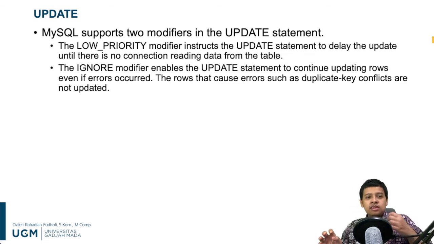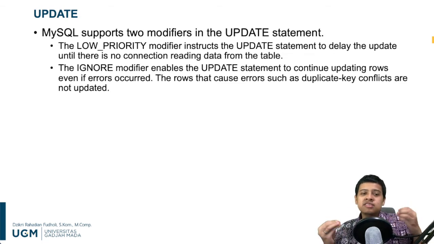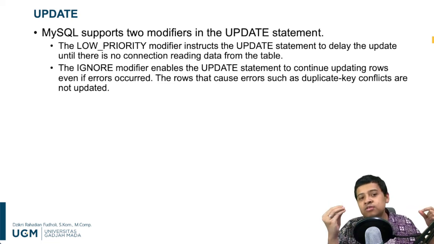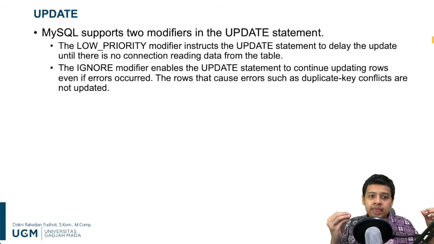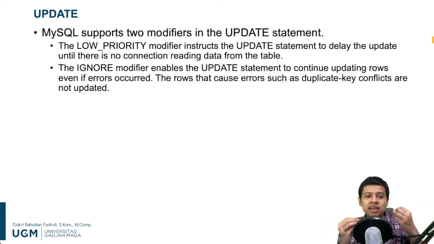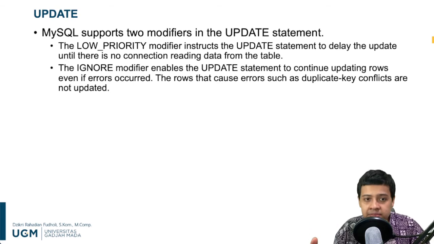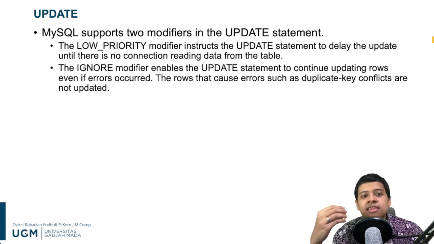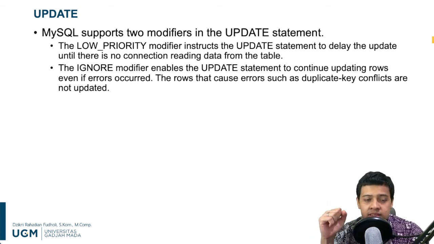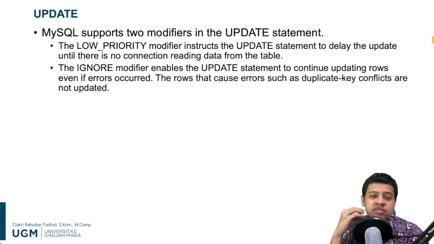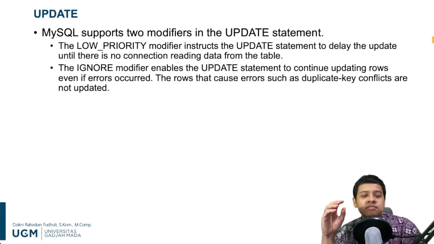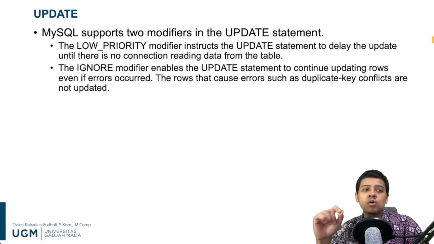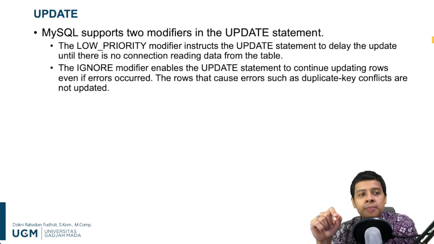So maybe we have some clash. Some users want to read it, so they select from the table, and some users want to update it. If the update is low priority, the system will finish all of the selects first, and when there is no more select happening, then the update will happen. So that's the low priority modifier.